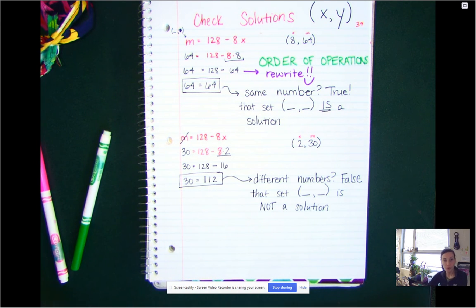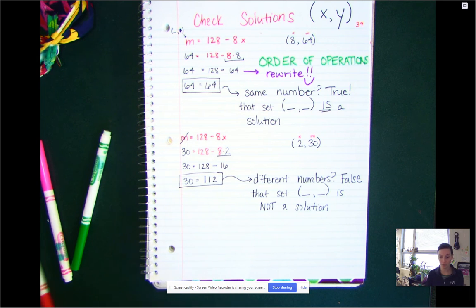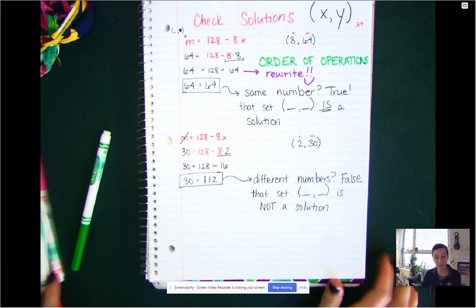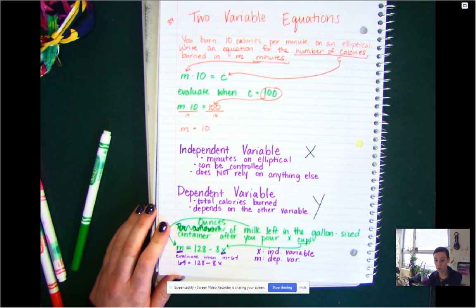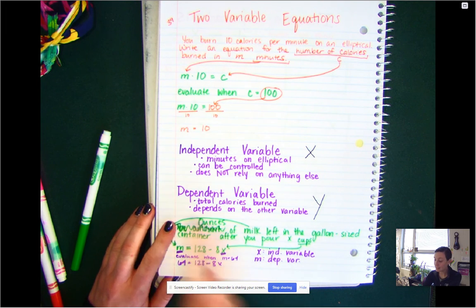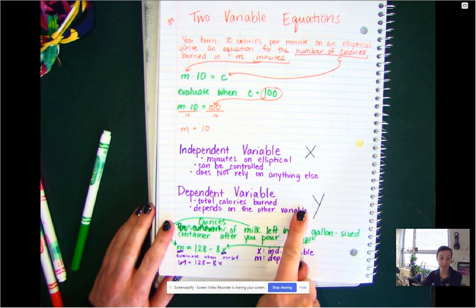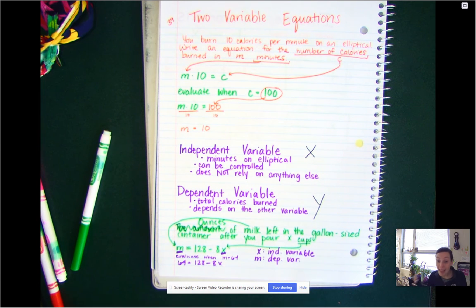So when you're given an equation with 2 variables, your first thing that you're going to have to figure out is what the independent variable is and the dependent variable. The independent variable is what can be controlled. I can control how many cups of milk I pour. The dependent variable is the thing that is totally going to depend on how many cups of milk I pour.